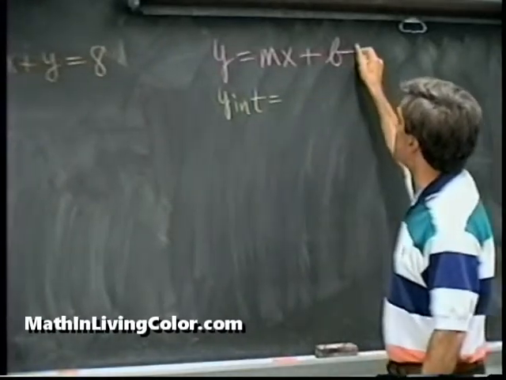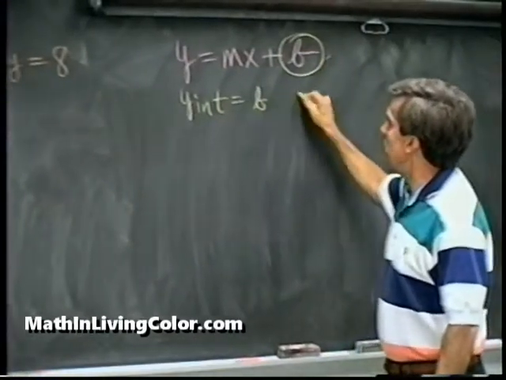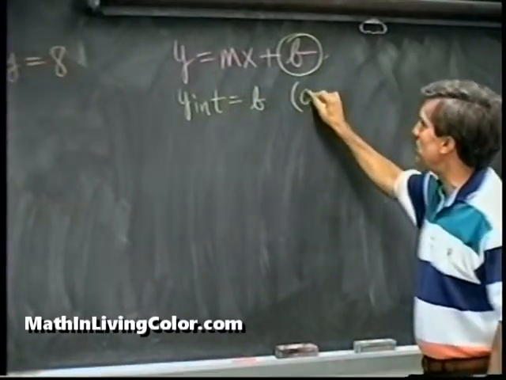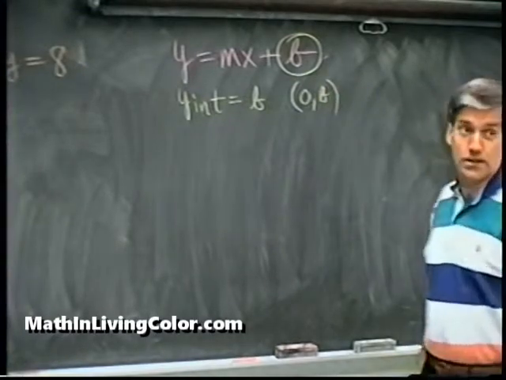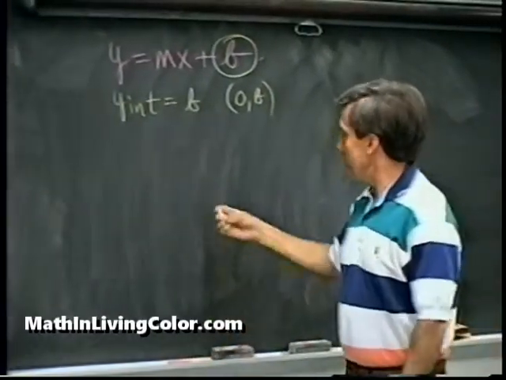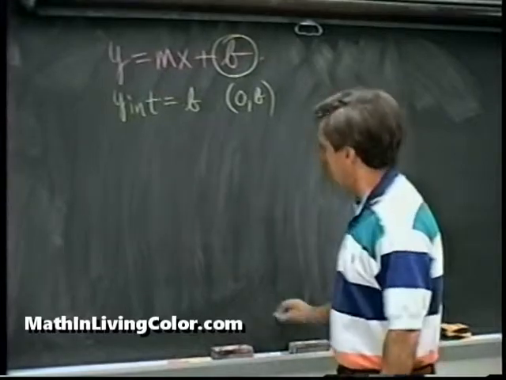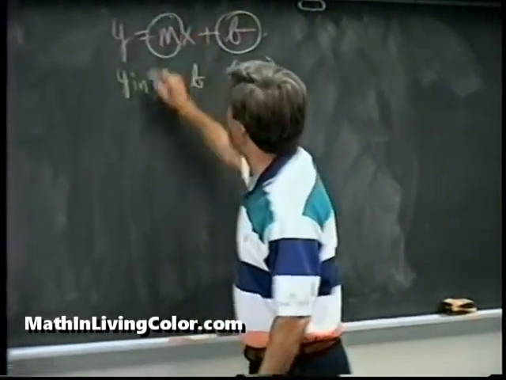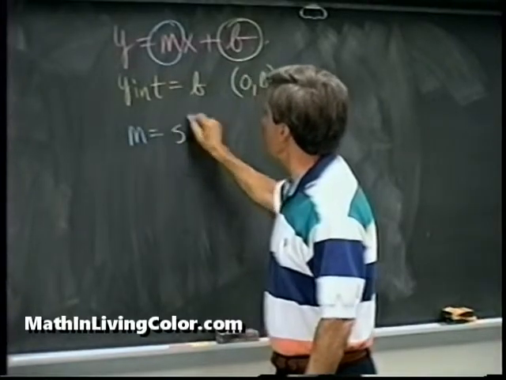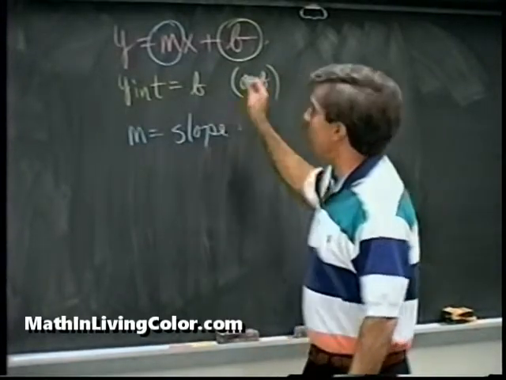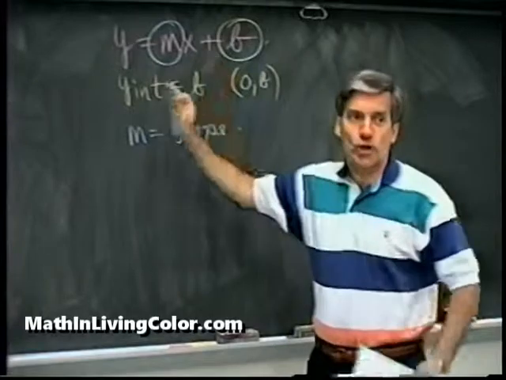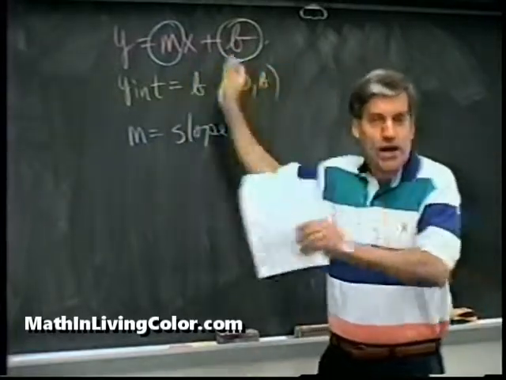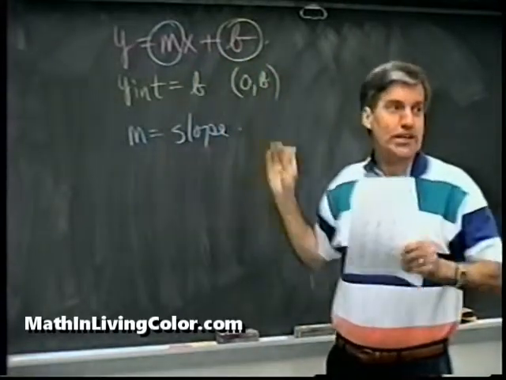The y-intercept equals b. In particular, it's the point (0, b). Okay? And the slope, m, let's see, m is the slope, right? So if the problem looks like this, you can quickly look at it and tell me the y-intercept and the slope, and you can use that to draw the graph.